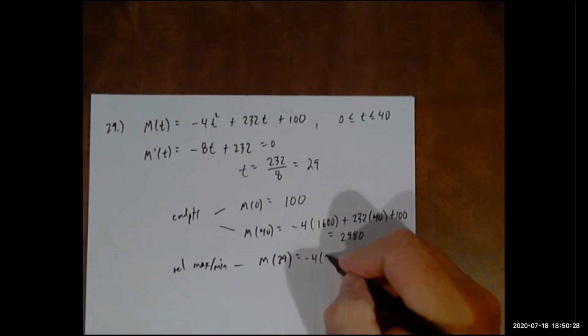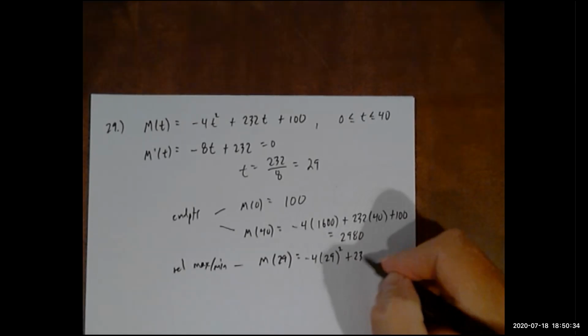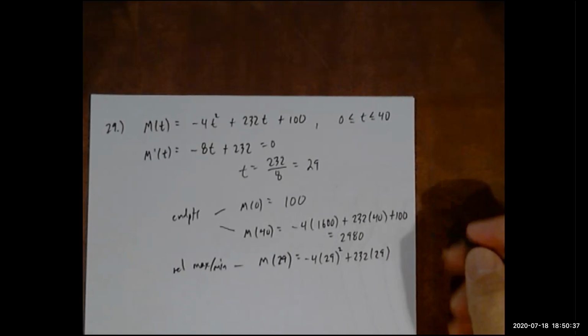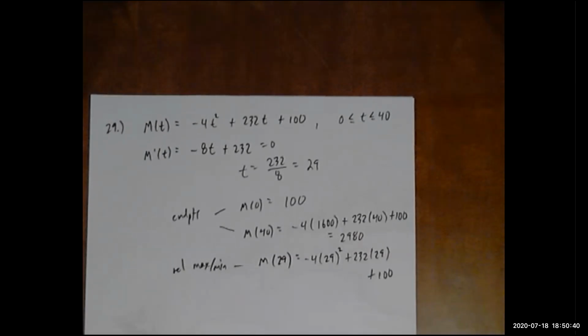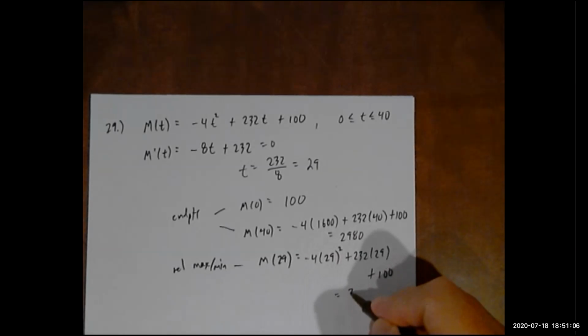But what happens after the 29th year? Negative 4 times 29 squared plus 232 times 29. Definitely need to use my calculator. So 3464.